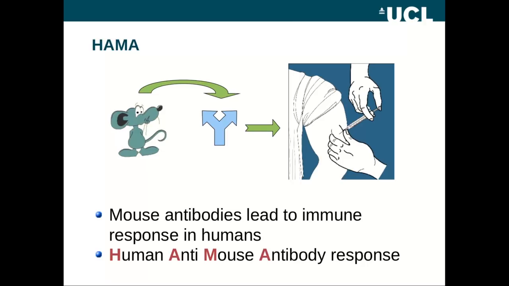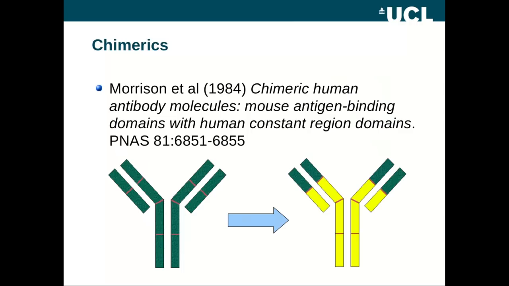So people came up with ways of trying to get around this problem. And the first of those techniques was to use what are known as chimeric human antibodies.